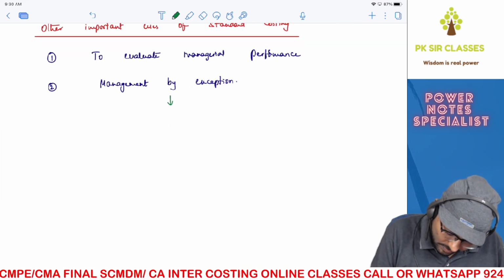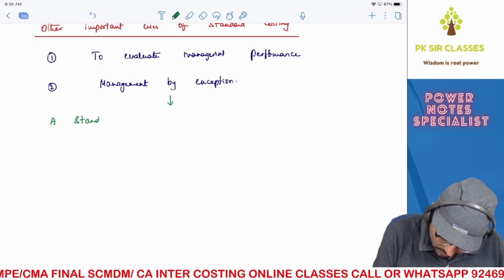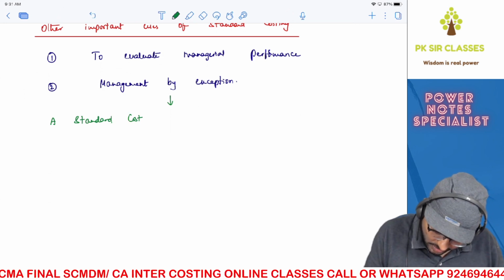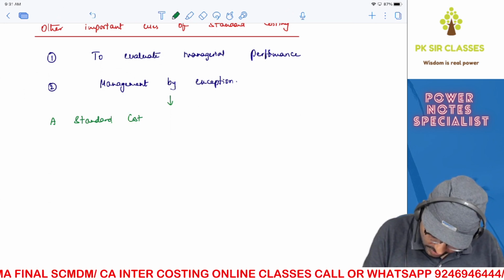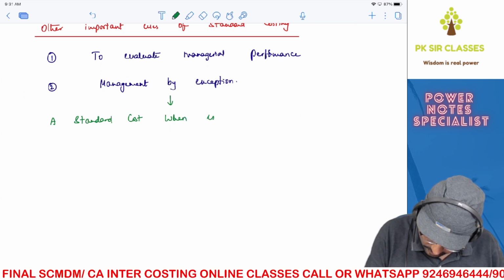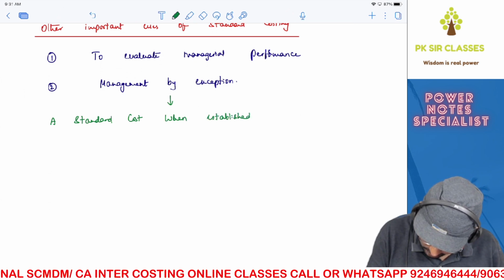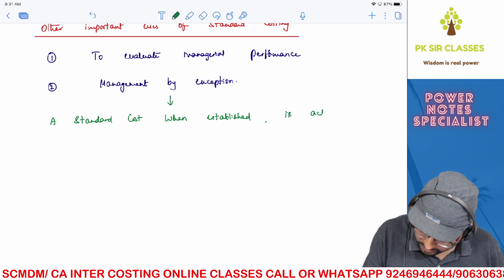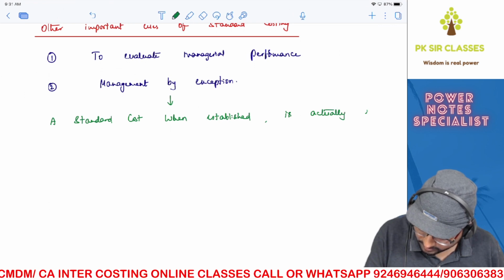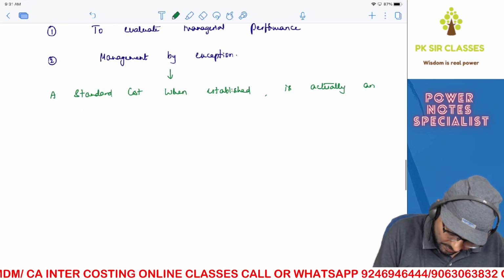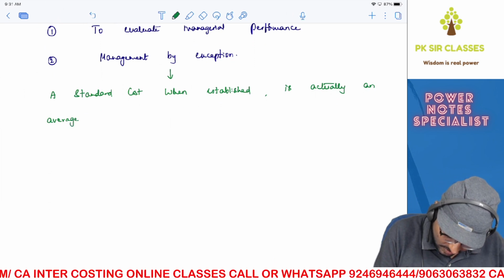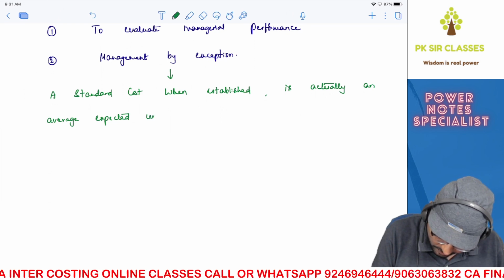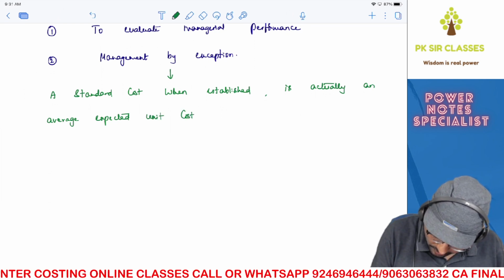So what is this? Standard cost. Okay, a standard cost when established is actually an average expected unit cost.